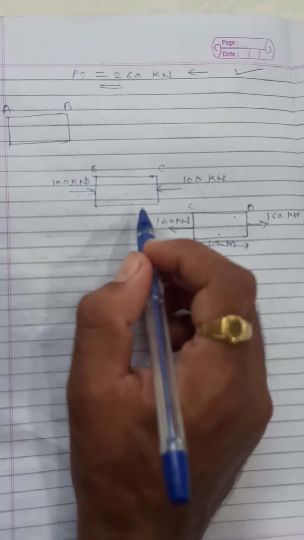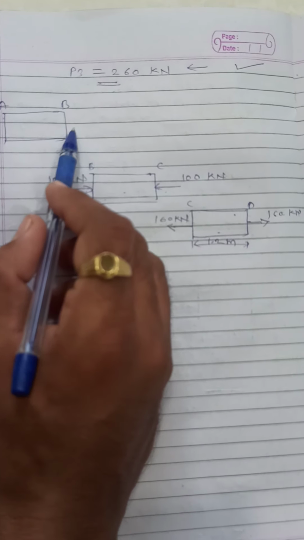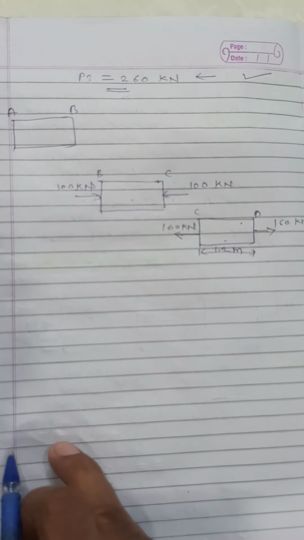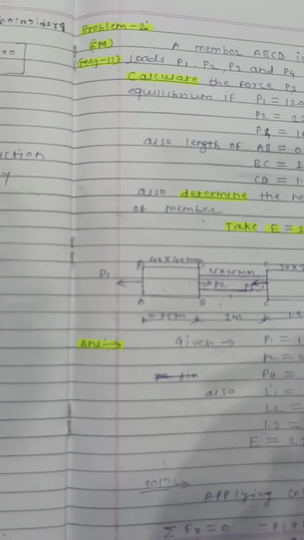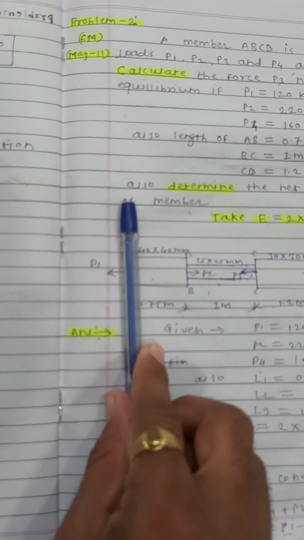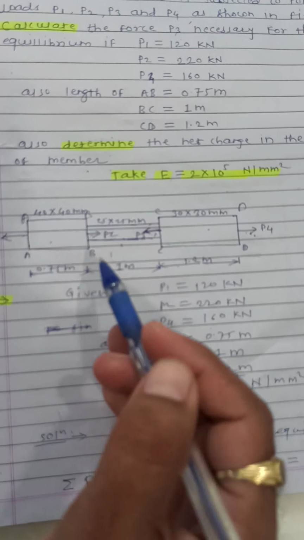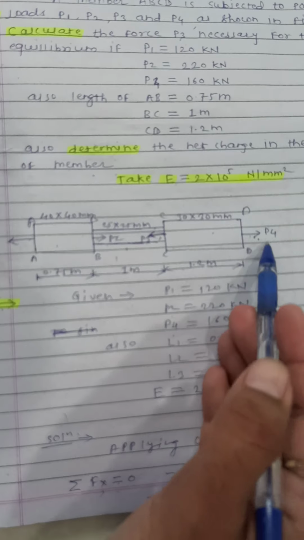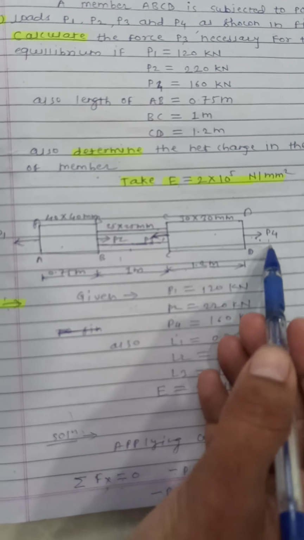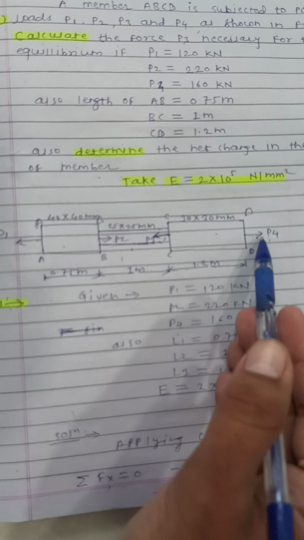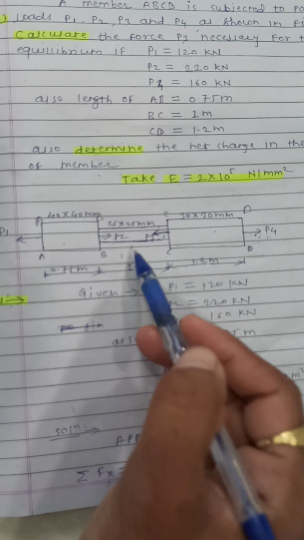Okay, next is section AB. Now, to find out the force at section AB, similarly keep your hand at section A and consider the forces acting to the right side, that is forces P2, P3 and P4. Two forces act in the same direction, but this one is in the opposite direction. So plus P2 and P4 and minus P3 from it.